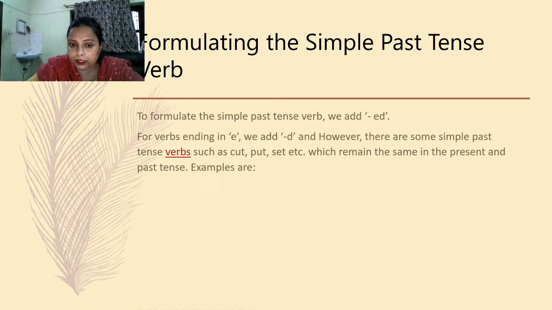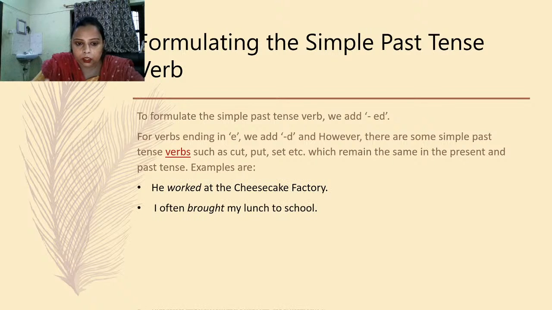Please make a note of it. If we are talking about the word cut, we don't add ed to it. It remains the same in the past and in the present. Now, he worked at a cheesecake factory, he worked. Now, the word work: I work at a cheesecake factory means at present I am working.